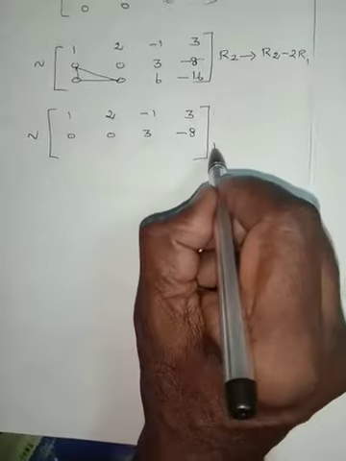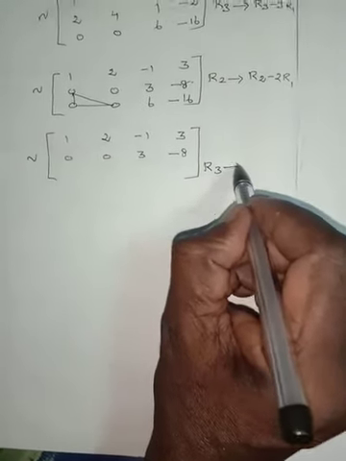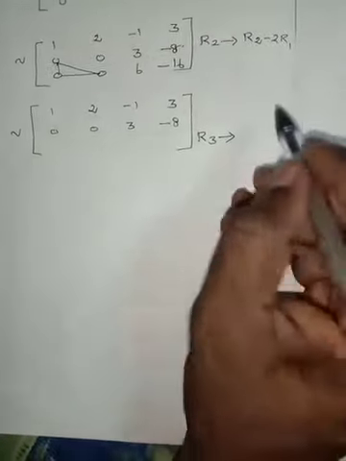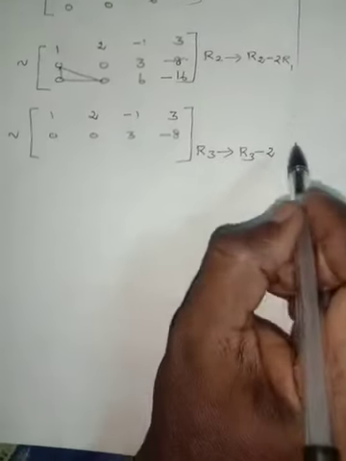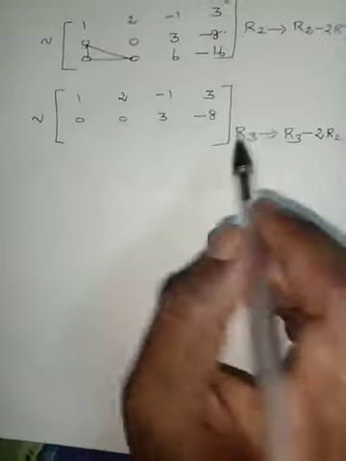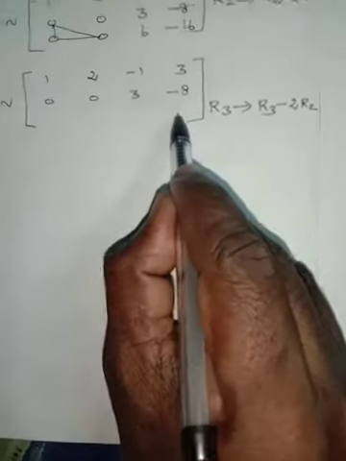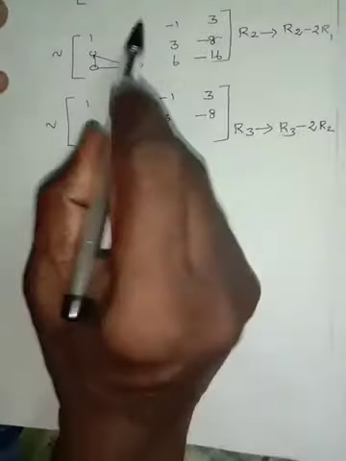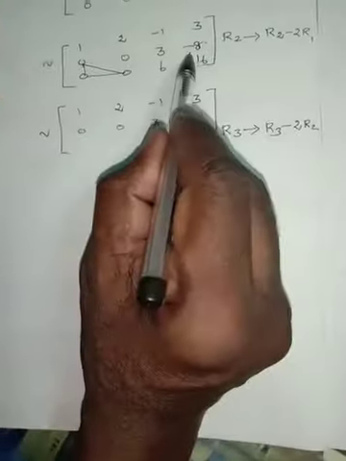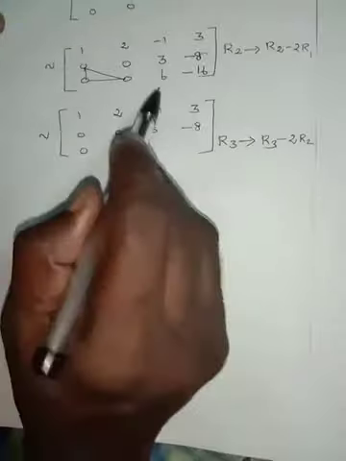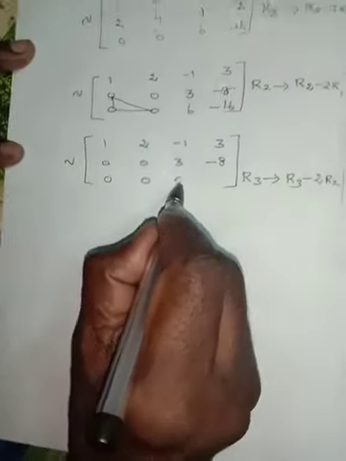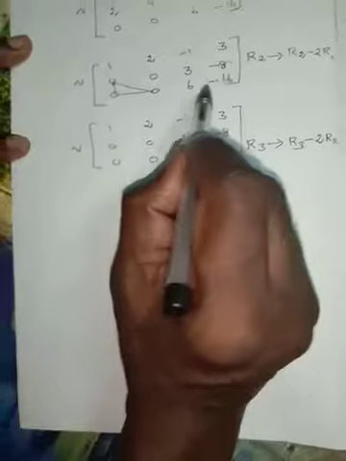Next rule: new R3 implies old R3 minus 2 into old R2. So, here 0, next 0. 6 minus 6 is 0. Next, minus 16 plus 16 is 0.